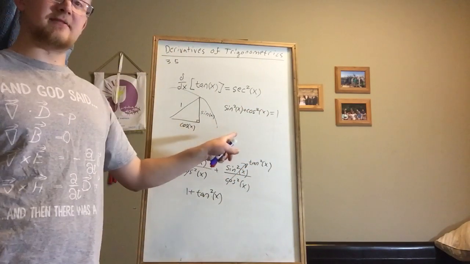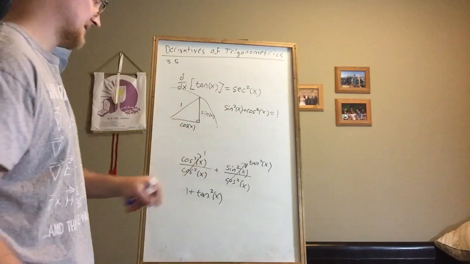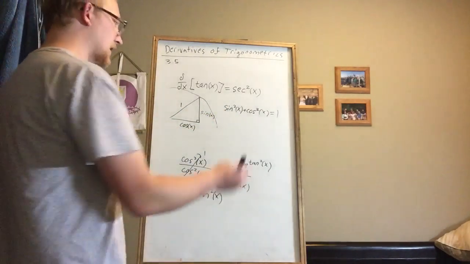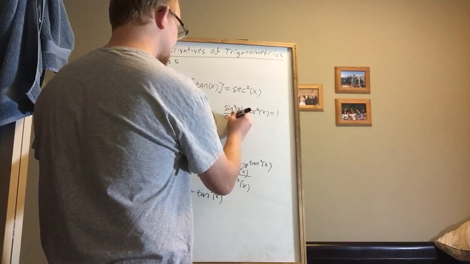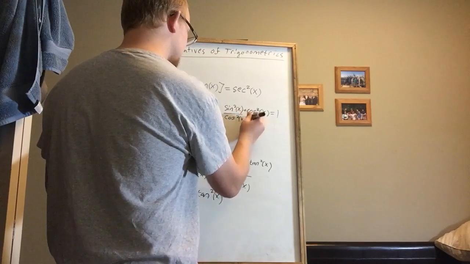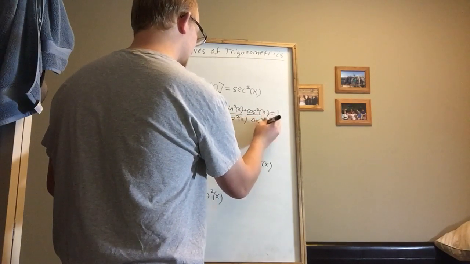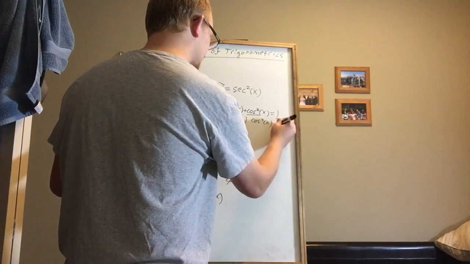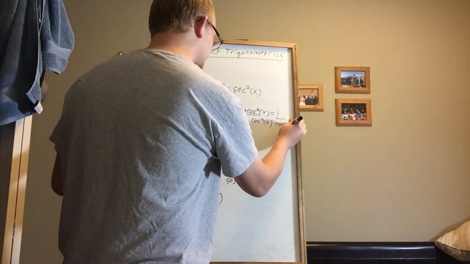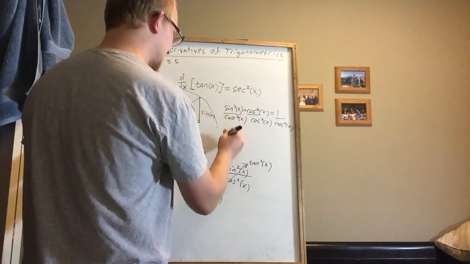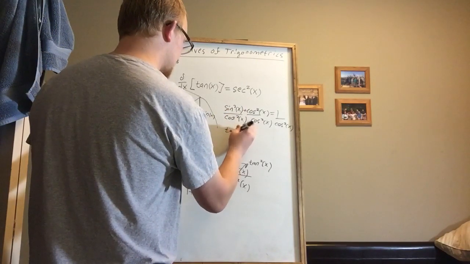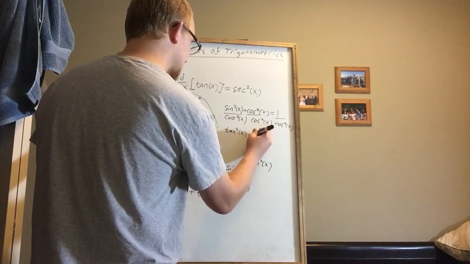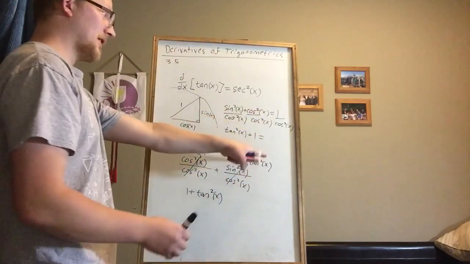Now we can go ahead and divide everything in this expression by cosine squared x, every term. And what we end up with is tangent squared x plus 1 equals 1 over cosine squared x.